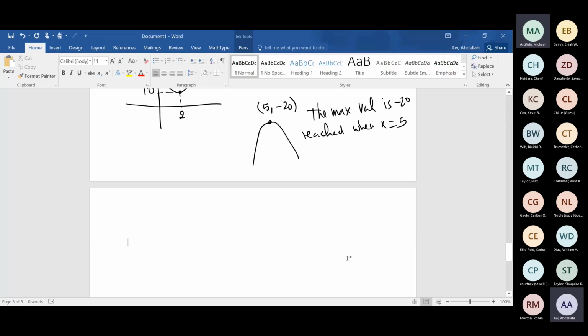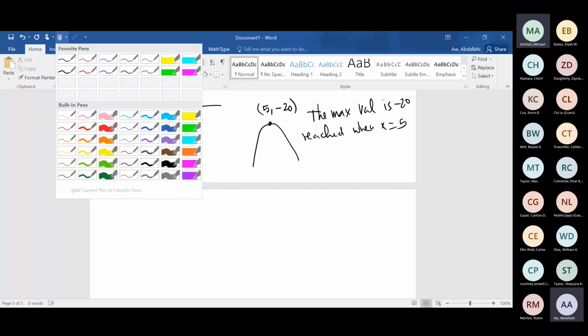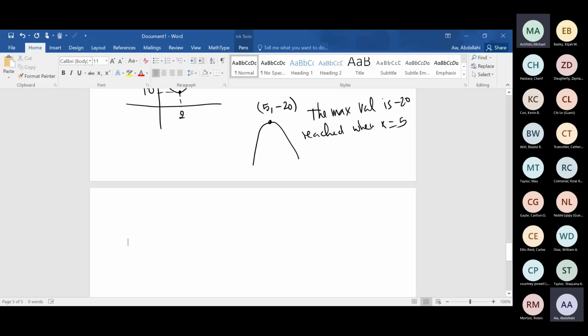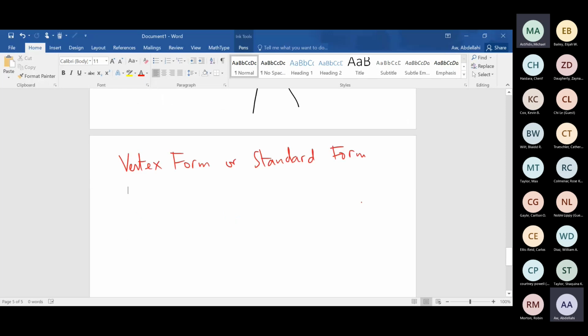So now, we saw the general form, and we're going to see the vertex form, also called the standard form. It is a form that will tell you what the vertex is.